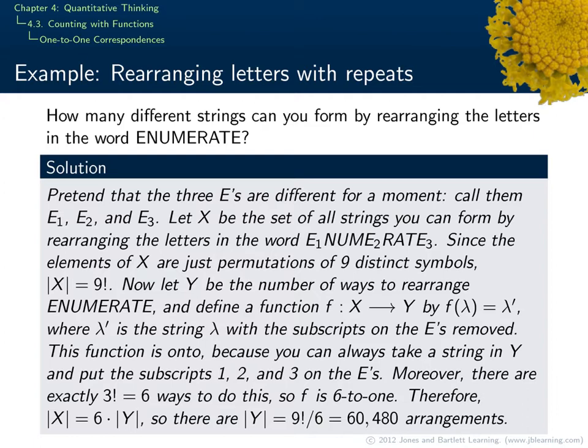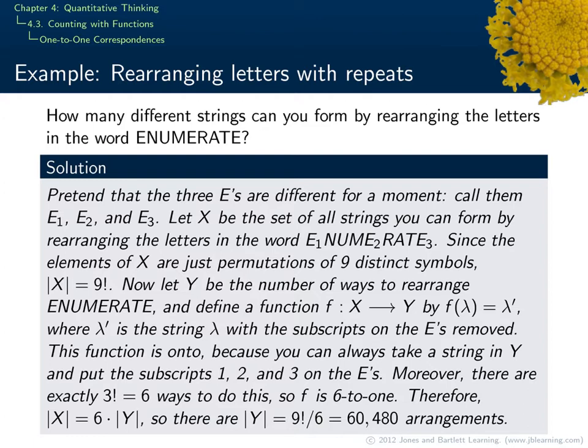So we're going to use the theorem on the previous slide to count the number of ways that we can rearrange the letters in the word enumerate. Now you might remember from the previous video that we had a similar problem with the word gourmand.